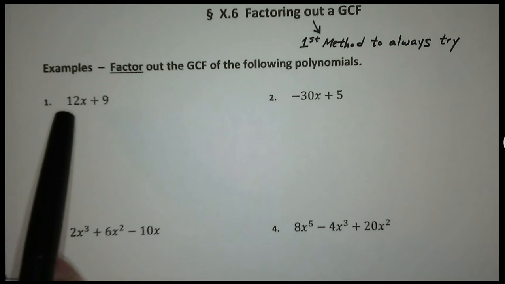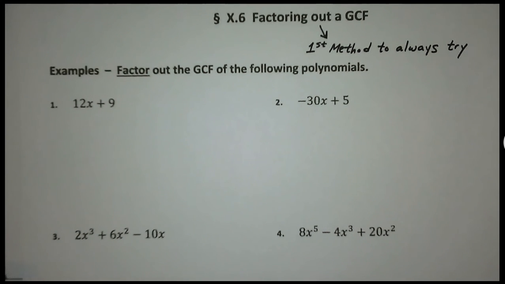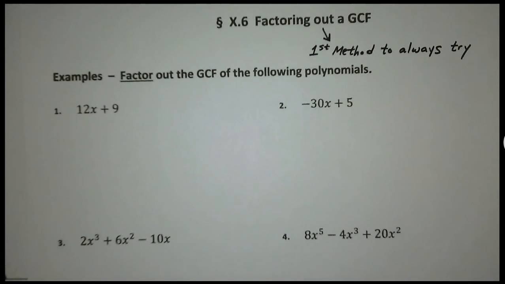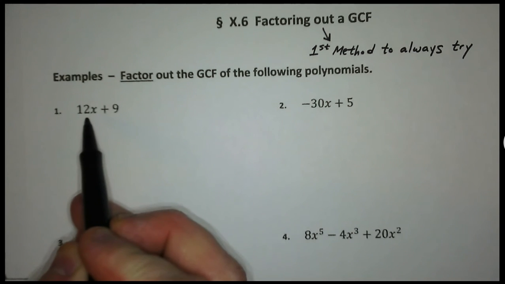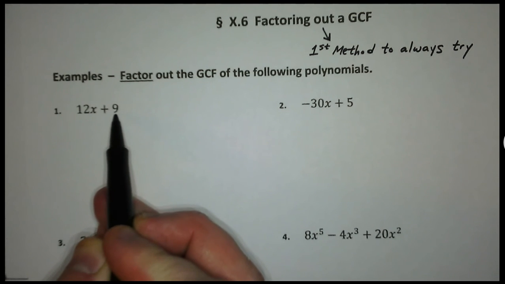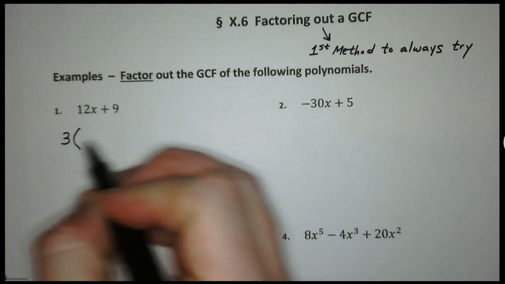Like, what could you divide away from both 12x and 9? And the answer there is 3. You can divide a 3 away from both of those. You can't divide an x along with that out, because whereas that term has an x, that term does not have an x. It has no x. But they both have 3.